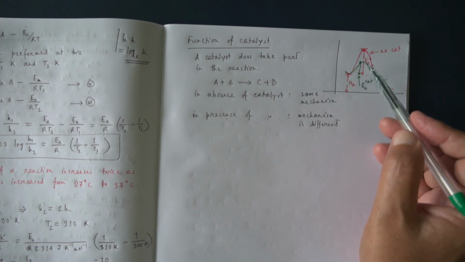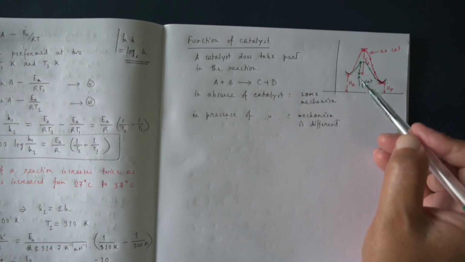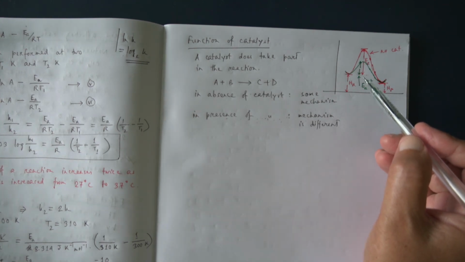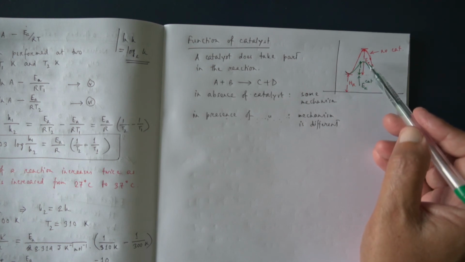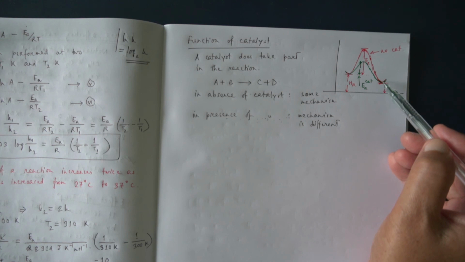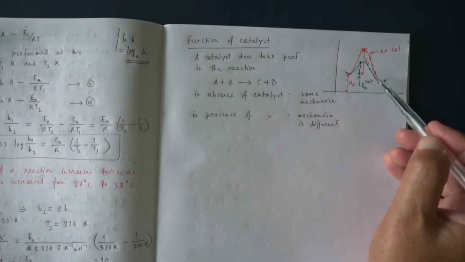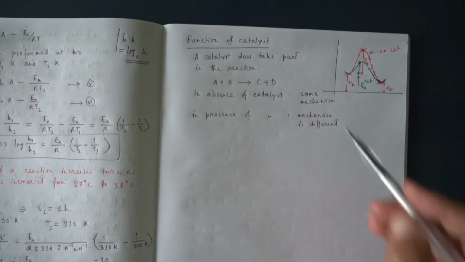So you should not say that a catalyst reduces the activation energy of a reaction. One should not say like that. What we should say? In presence of catalyst, the reaction follows a different path where activation energy is less.